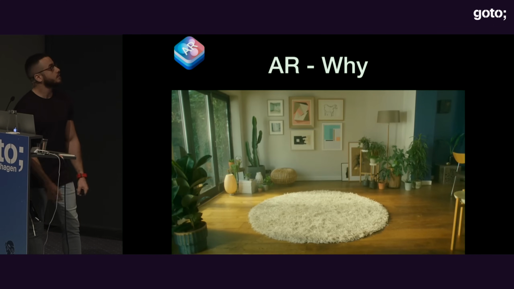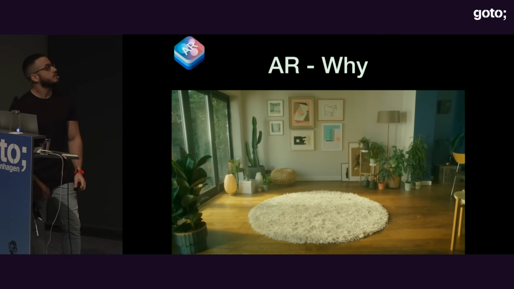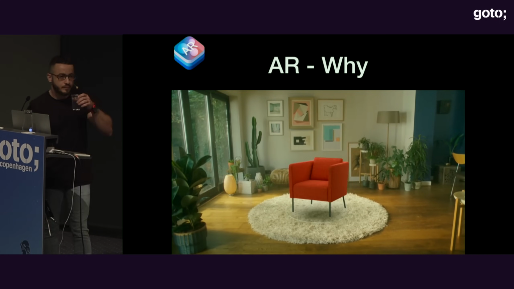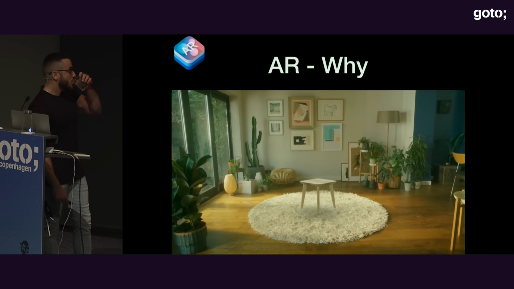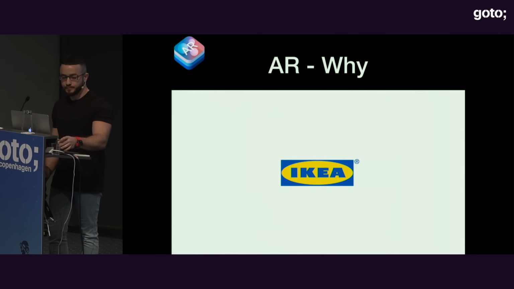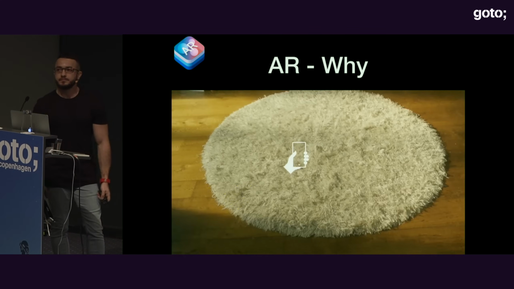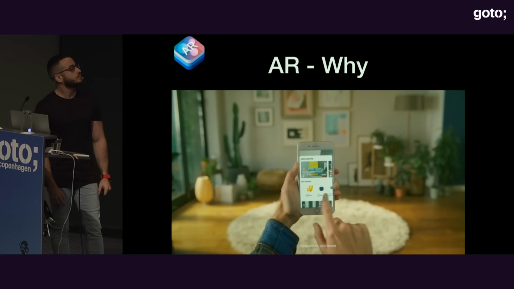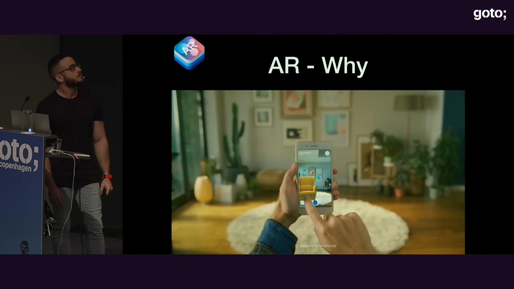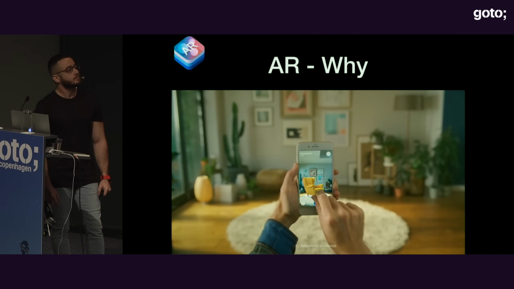Hey, IKEA would like everyone to know about Place, our new augmented reality app. Built on Apple's new ARKit, you can easily place true-to-scale 3D models of IKEA furniture in your place. Scan, browse, select, move, and place.